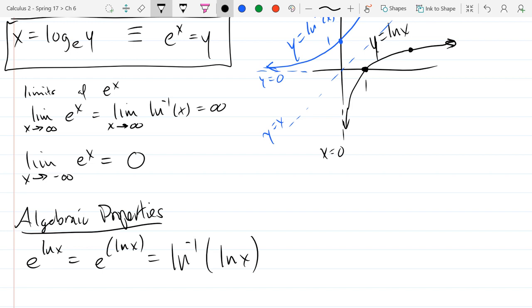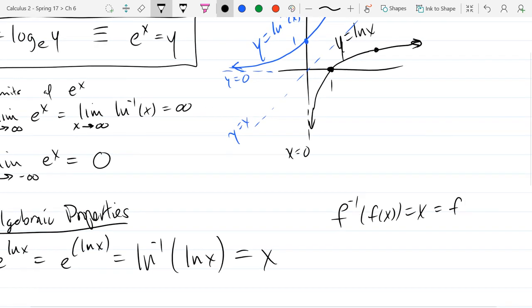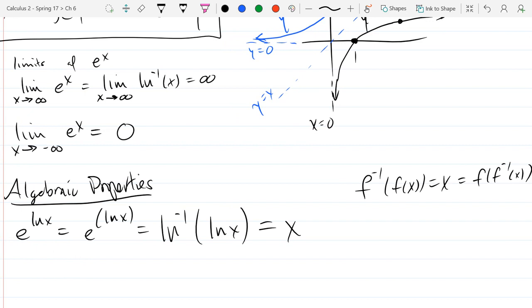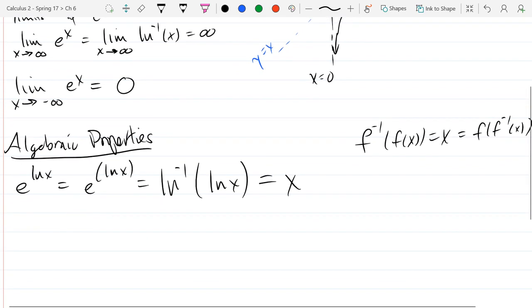The functions cancel out. They undo each other. This comes from f inverse of f of x equals x, which is also the same as f of f inverse of x. So function and inverse cancel each other out. This algebraic property is right from the definition. e is defined to be ln inverse, so they better cancel each other out.